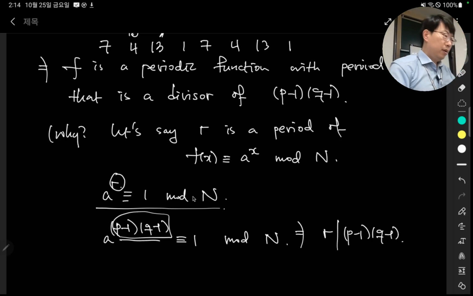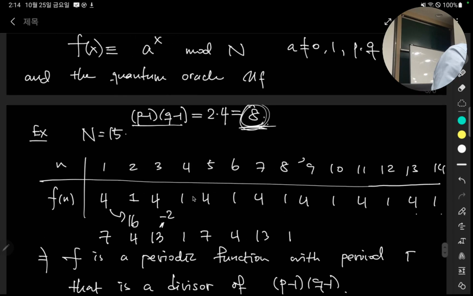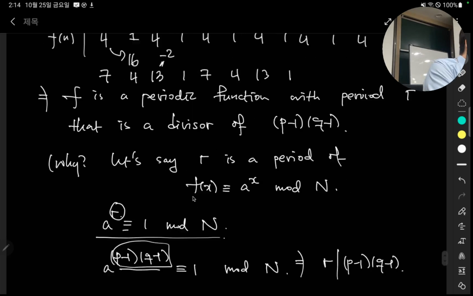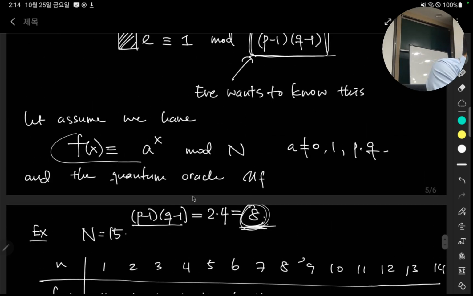So where are we? So now suppose here is Eve's tactic. Eve uses a quantum circuit or quantum Fourier transform and the oracle of the function that implements this function and tries to find the period.